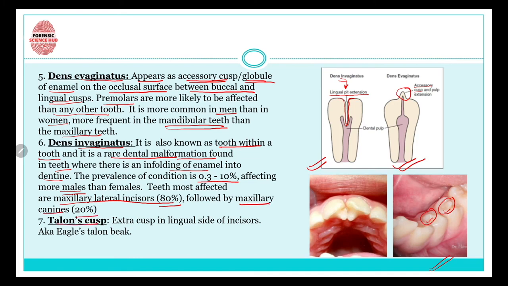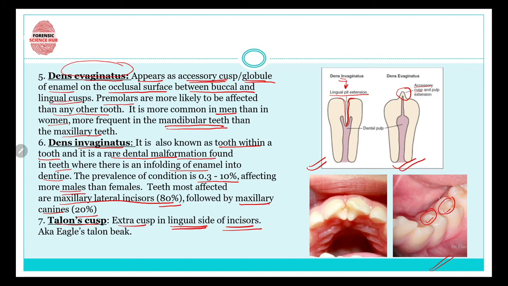Next comes talon cusp. Talon cusp is an example of dens invaginatus only. So that means there's going to be an extra cusp, but this time it is not in premolars. This happens in the incisors. So there's extra cusp in the lingual side. Lingual side means the side that your tongue is normally touching. That is the lingual side.